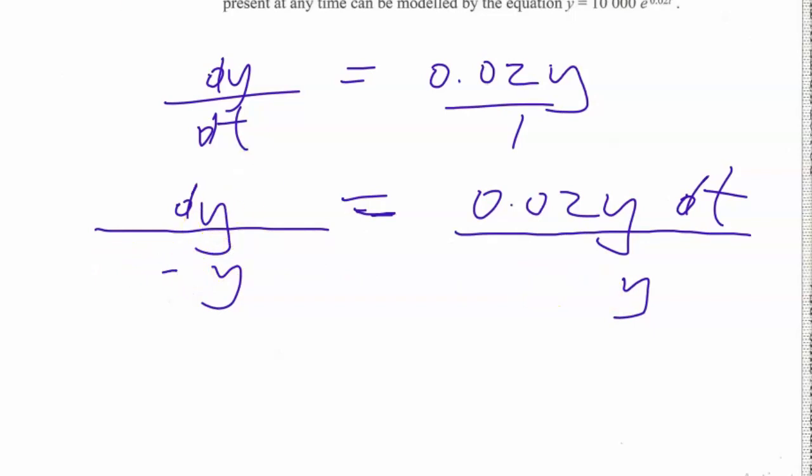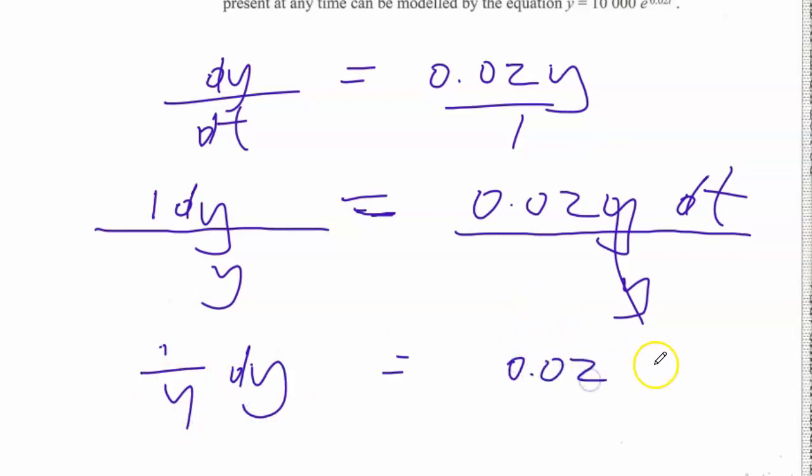Divide both sides by y, and I end up with 1 over y dy equal to 0.02 dt. And now we can integrate both sides.